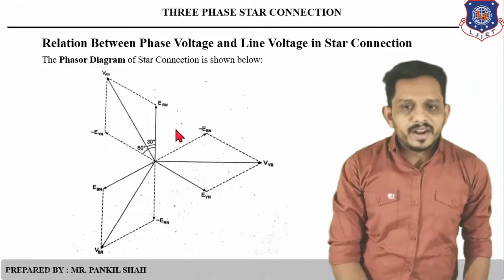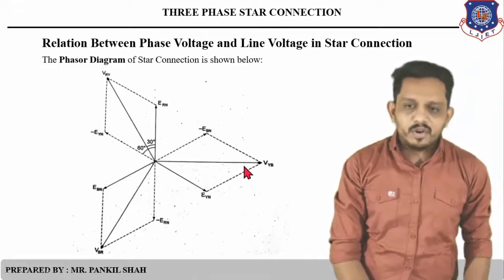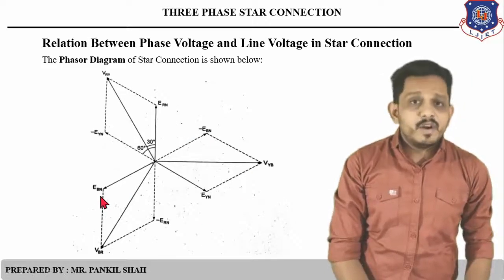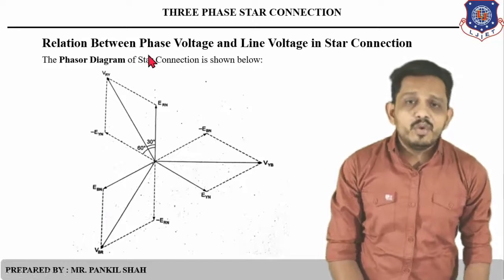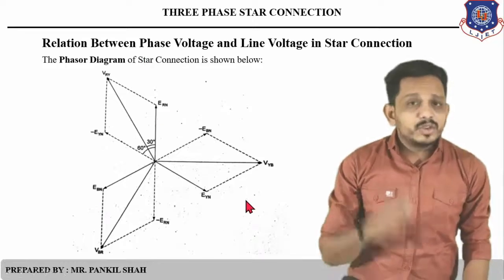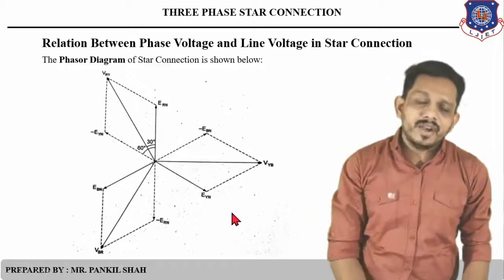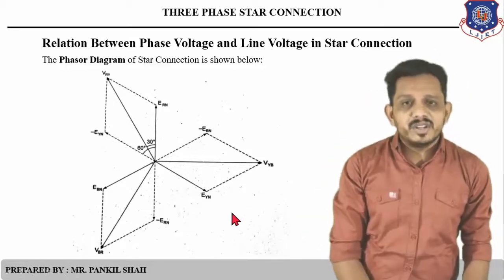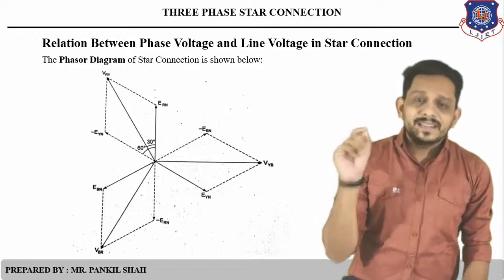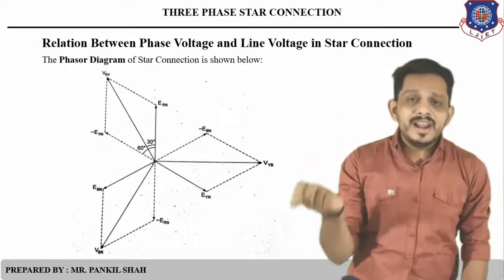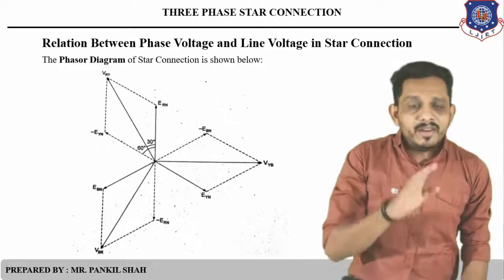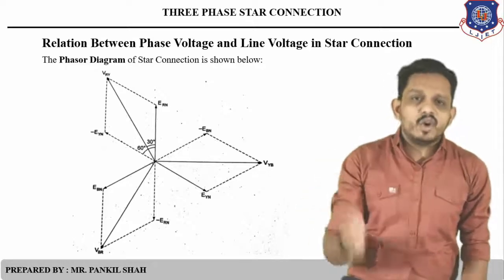In this vector diagram, we have drawn ERN, we have drawn EYN, and we have drawn EBN. Now what we have to do is a phasor difference. The first voltage, that is the line voltage between R and Y coil, VRY, is nothing but the phasor difference of ERN, the phase voltage of R coil, and the phase voltage of Y coil. And we have reversed the phase voltage of Y coil.